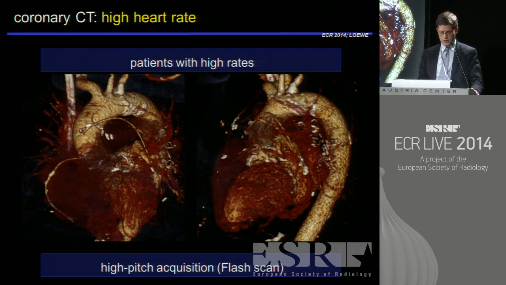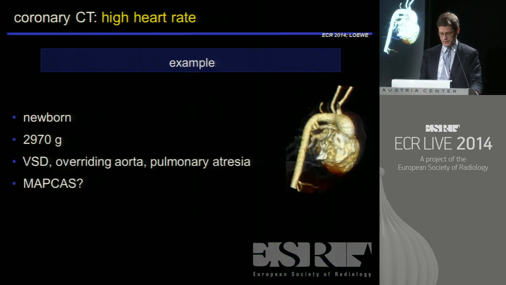And we could image this patient with a really high heart rate in a poor general condition. It would not be a good idea if the radiologists started giving beta blockers to patients coming from the intensive care unit. So we scanned the patient without any beta blockers with a really modern scan technique, and it was possible to assess and to demonstrate the bypass graft patency in this case.